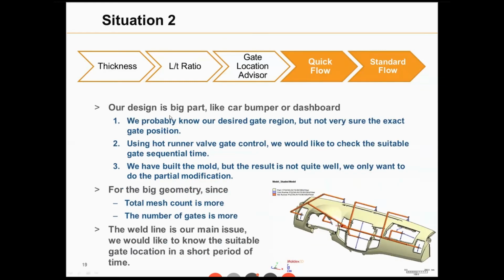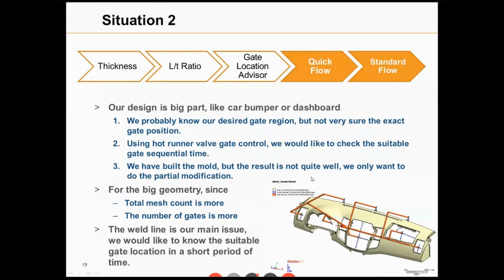Okay. For situation two, our customer is using big geometry, such as a car bumper or a dashboard. So we probably know our desired gate region, but are not very sure exactly about the gate position. Or maybe we are using hot runner with valve gate control, but we would like to check the suitable gate sequential time.